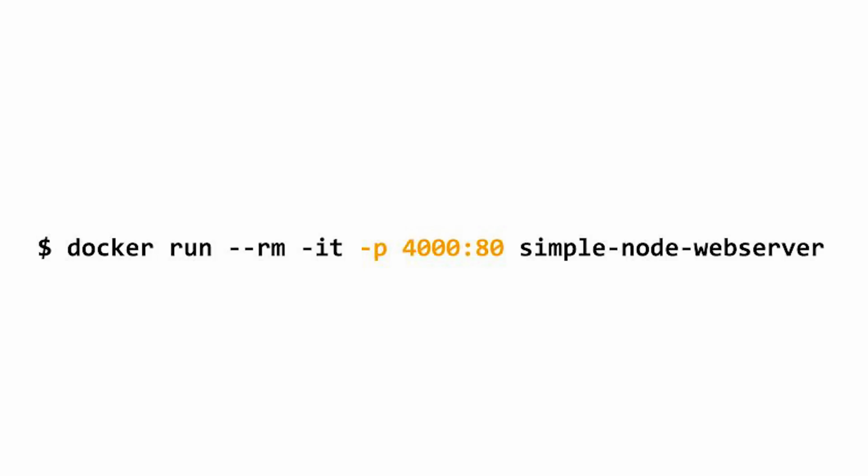And that means that there is now a unique mapping between this container at port 80 and the Raspberry Pi, because obviously I might have something else running on my Raspberry Pi at port 80, and also some ports are privileged. So if I now connect to port 4000 on the Raspberry Pi, I'm actually connecting to port 80 on the container. So it maps from the real world Raspberry Pi through to the container.